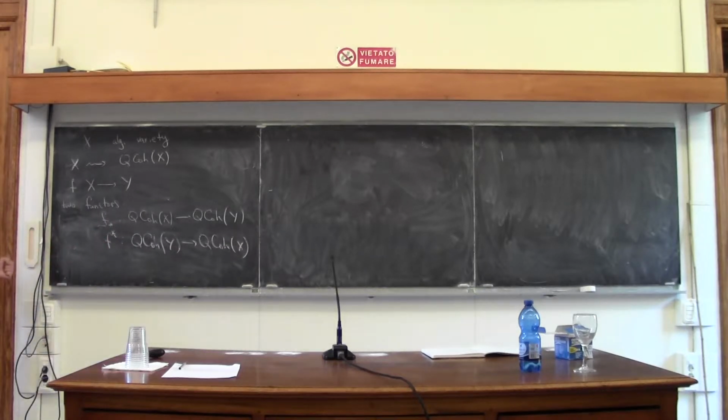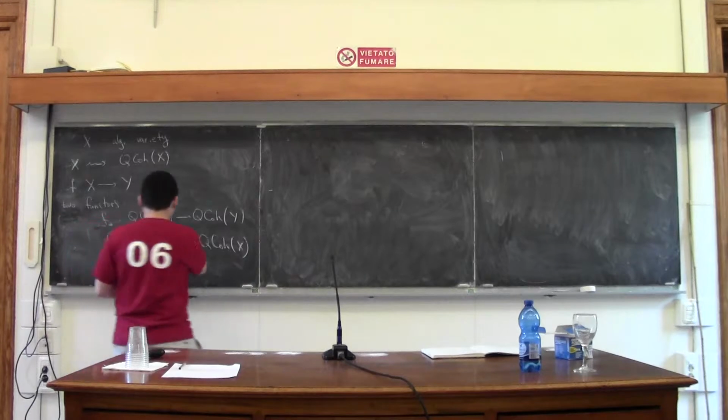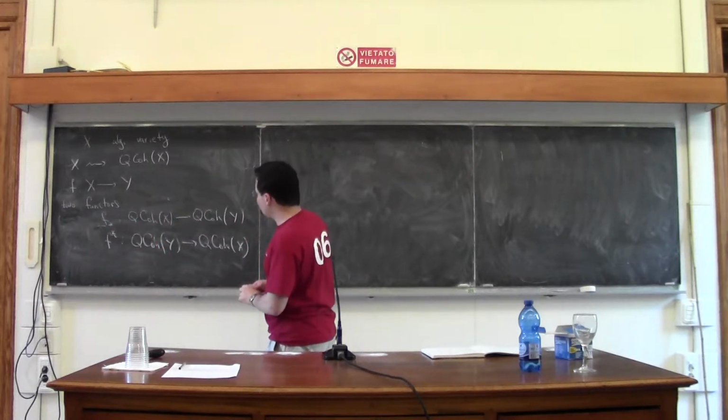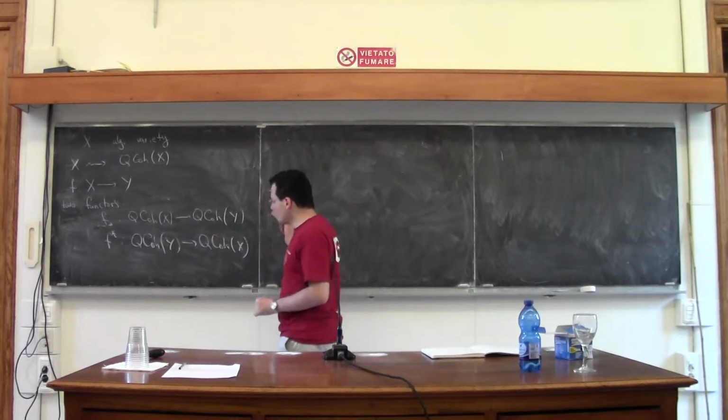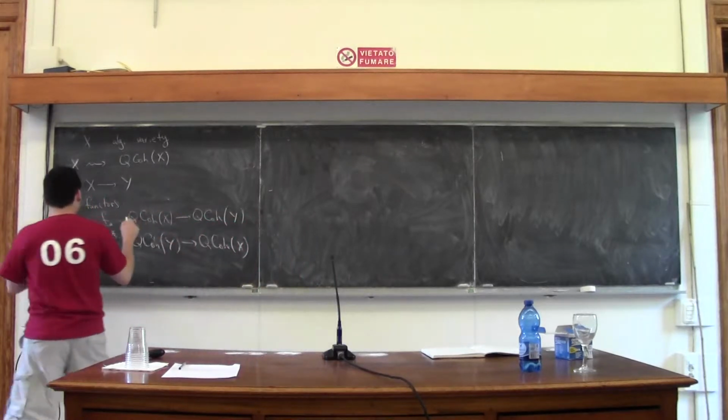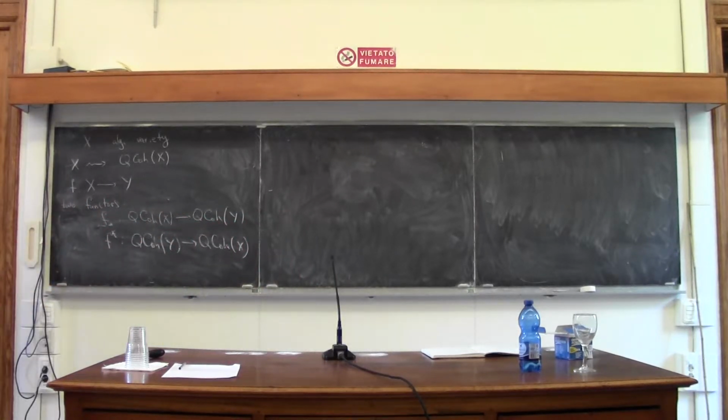One thing I didn't mention before that I probably should have is that the push-forward functor is the right adjoint of the pullback functor. But never mind that. So these satisfy some properties. This is functorial, so both of these are compatible with composition.